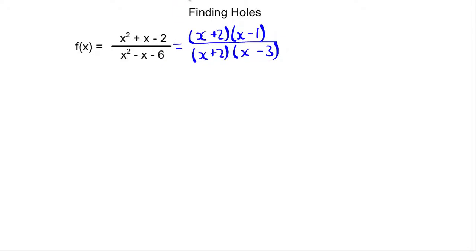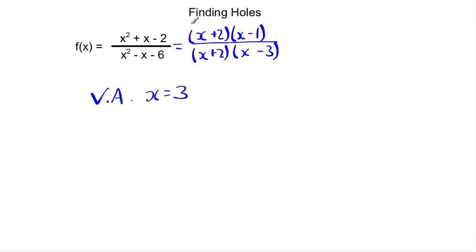Now, if you remember, we said that vertical asymptotes are values that make the denominator 0. However, if I were to graph this, I would only find a vertical asymptote at x is equal to 3, even though if I plug in x is equal to negative 2, that would make this denominator 0.